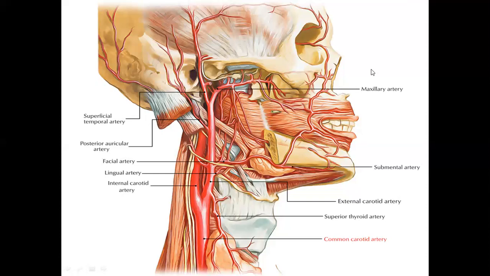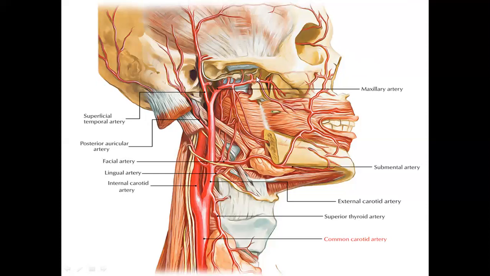It supplies the nasal cavity by the sphenopalatine artery. It supplies the palate by the greater and the lesser palatine branches of the maxillary artery. It supplies the external ear and the tympanic cavity by its tympanic branches.